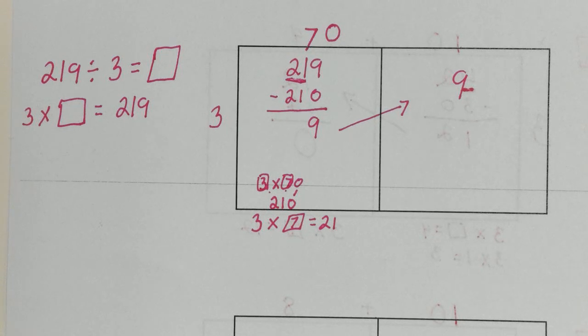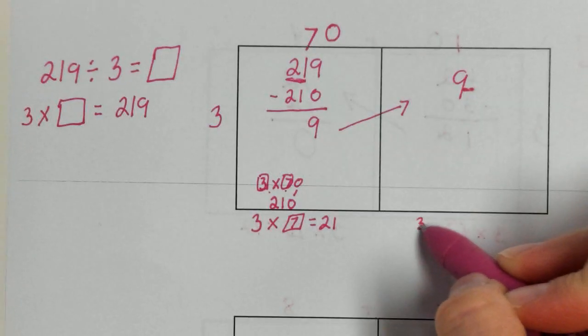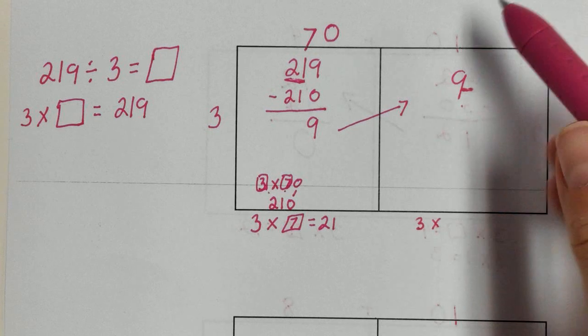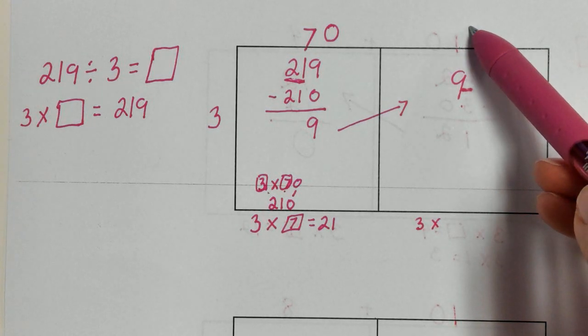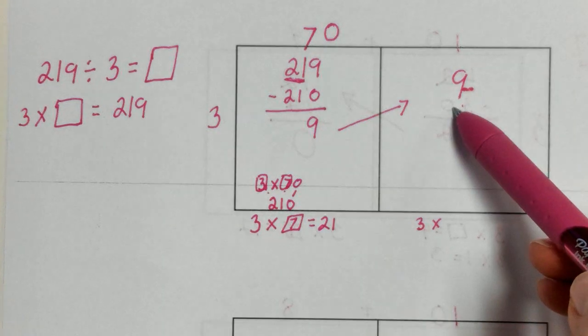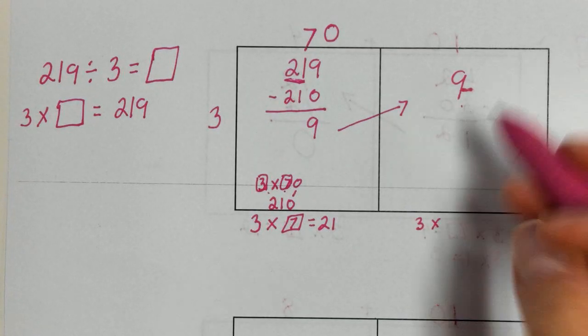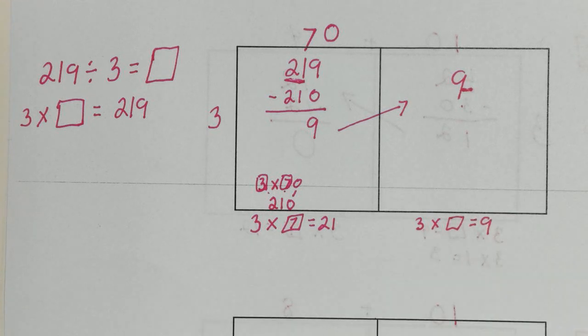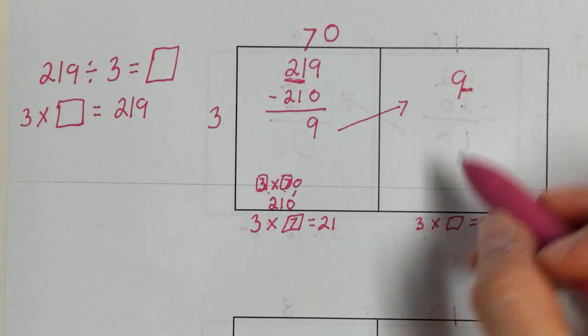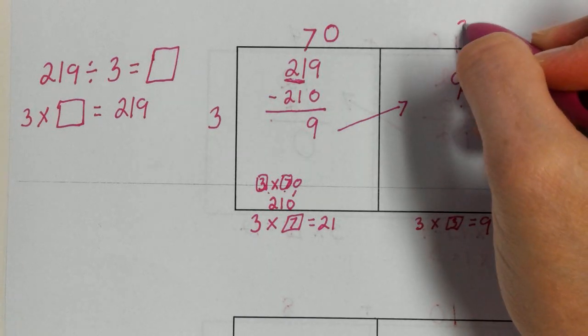All right. So what multiplication problem am I thinking about, Jeremiah? I need 3 times, because this is the answer, right? Because when I'm doing my multiplication, I would multiply this number times this number to get here, right? So I want to see 3 times what equals 9. 3 times 3, so I'll write my 3 up here.